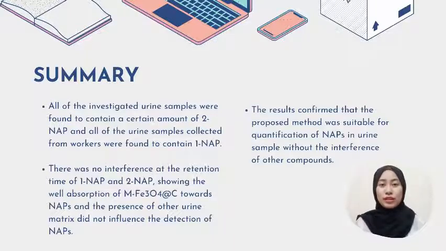There was no interference at the retention time of 1-naphthol and 2-naphthol, showing the good adsorption of magnetic graphitized carbon black towards naphthols, and that the presence of other urine matrix did not interfere with the retention time of naphthols. The results confirmed that the proposed method was suitable for quantification of naphthols from urine samples without interference from other compounds.